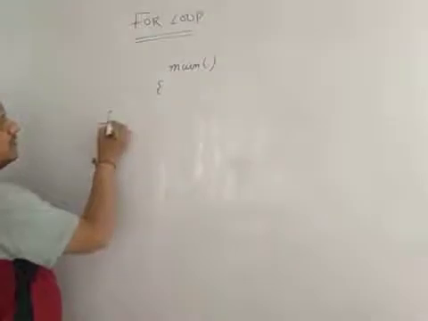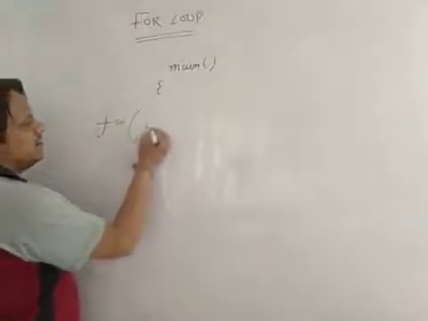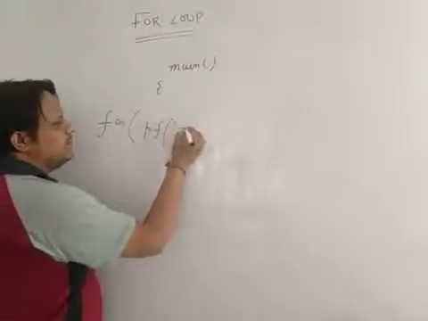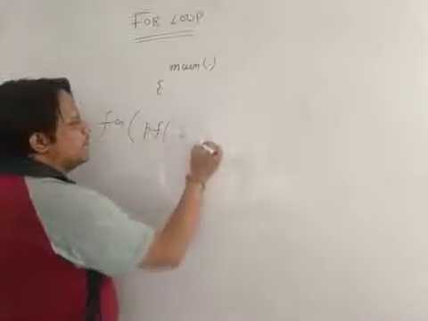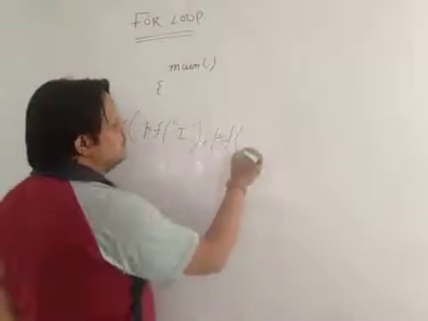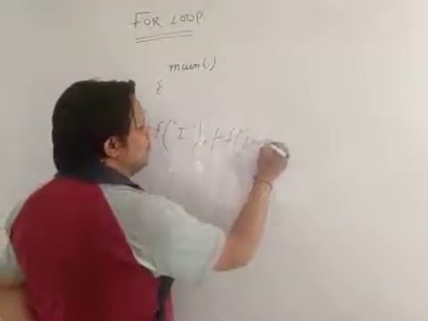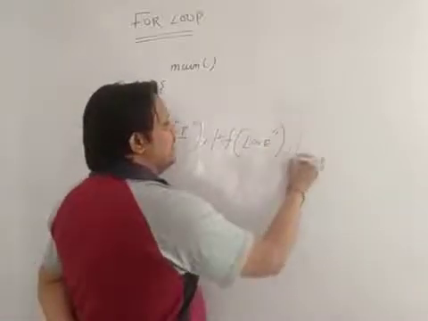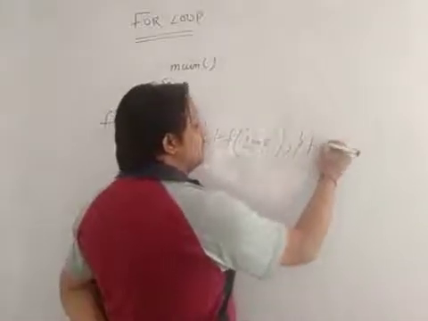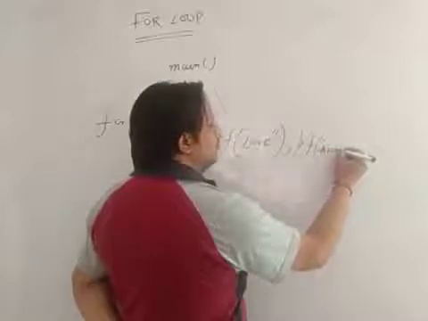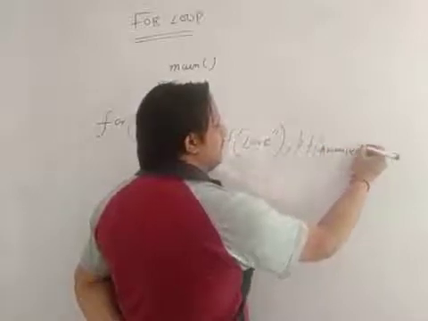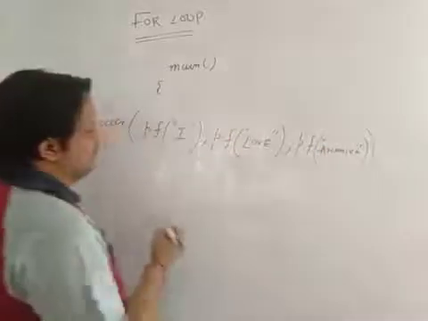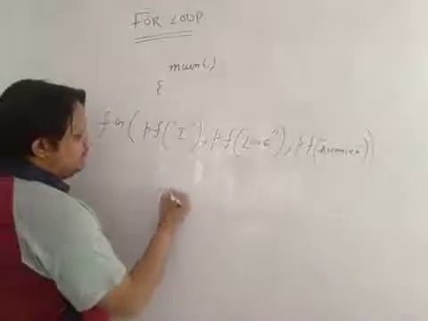Now suppose I write main, and I write for, printf I, printf love, printf anamika, printf Yash.